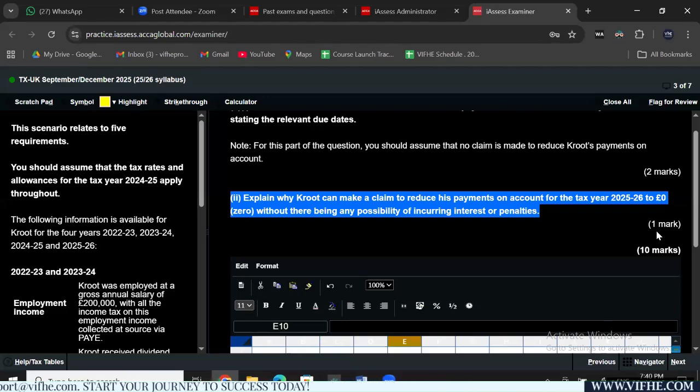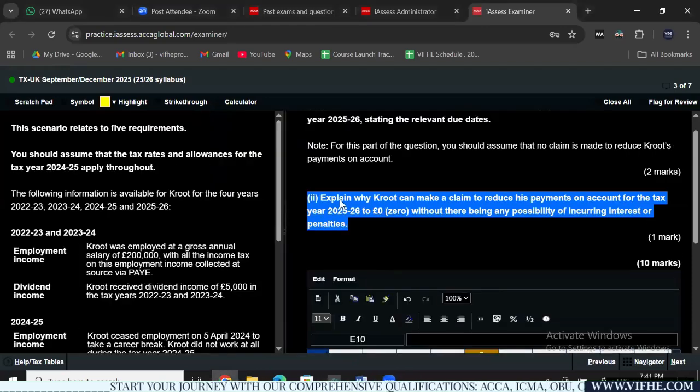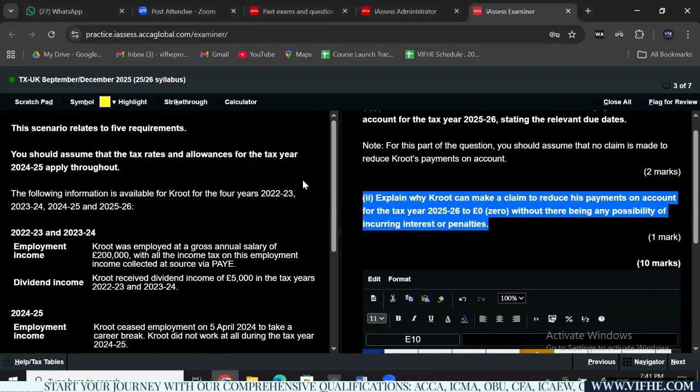I mean, if someone says, I'm not going to pay any of the payments on account, can there be a logical reason behind that? Is that possible? Yes. And what would that be?